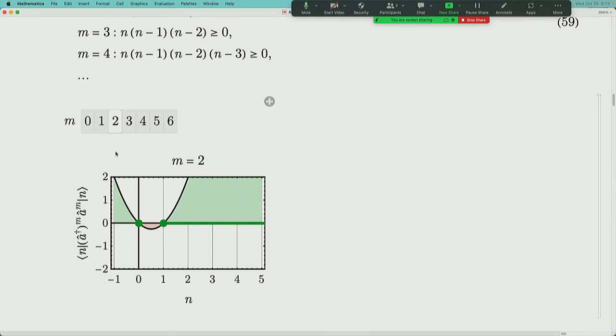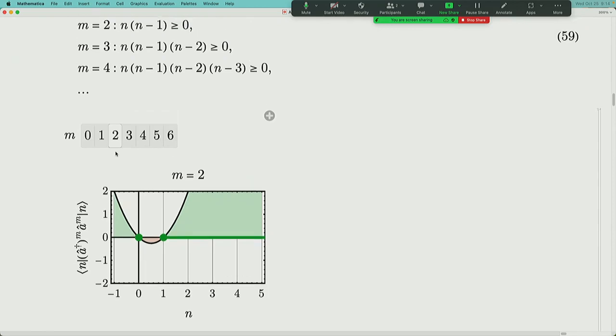This region corresponds to n greater or equal than 1, and also there's an isolated point at n equals 0. Although it's a single point, it was included in the previous region, and it was not excluded by this new inequality. So it is still there, okay? So we get a single point there. So the region basically gets disconnected.